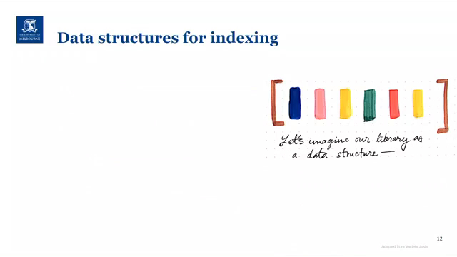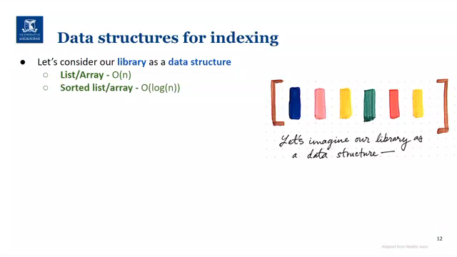So getting back to our analogy of the library and the books as our data structure, we talked about using a list or an array, a linked list, for instance, an unsorted list, which would render a linear search time. We can improve this by using a simple sorted list, which would render logarithmic time for search, but we can still do better. For different circumstances, we need to choose what works best, and we'll discuss a few of them here.